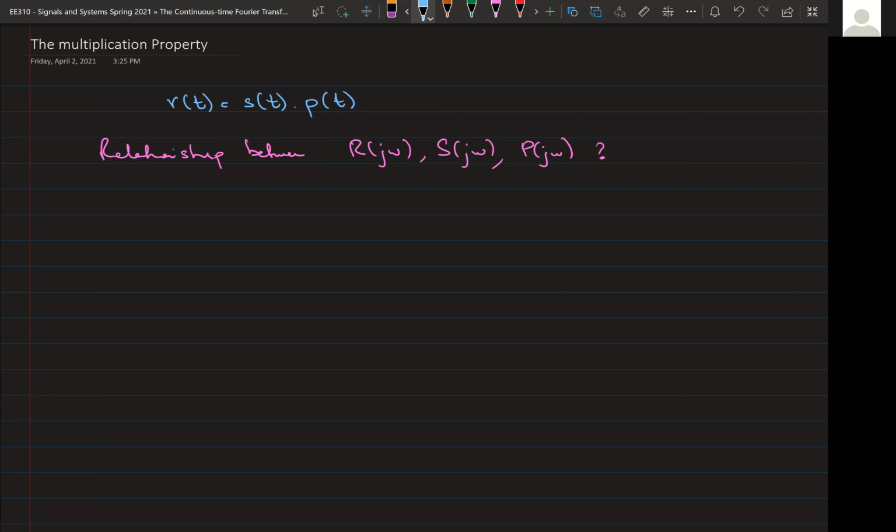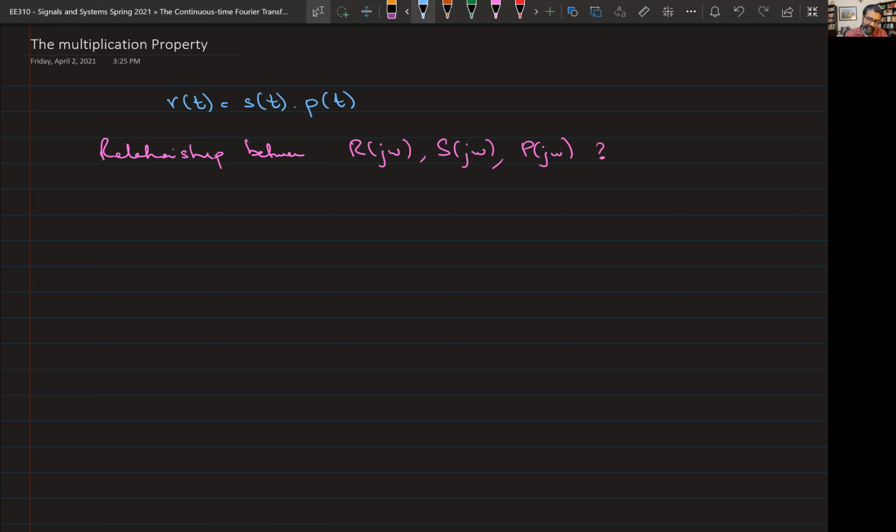Convolution in the frequency domain. That's intuition based on duality, but you can derive the result as well based on the same principles that I used for deriving the convolution property. I'm just going to give out the result here.